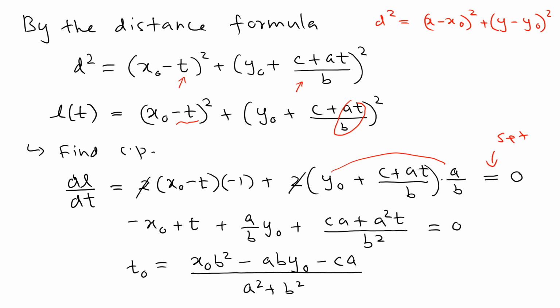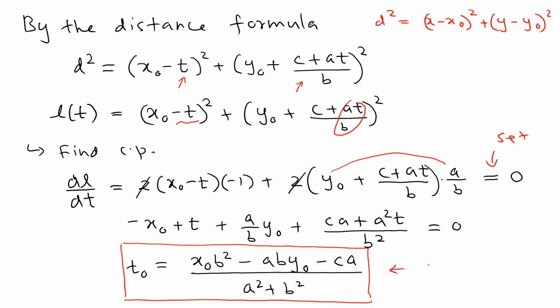This is just a little bit of algebra here, so you should get this one. That's the critical point now. Take your time, get a paper, and write it down and see whether you can get this term as the critical point.